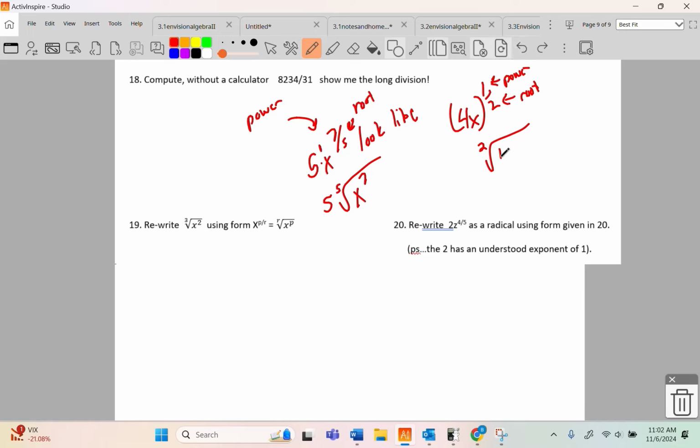This is understood. This is the root of 4x. And you can think of that as the root of 4 times the root of x, which is 2 root x. So hopefully that helps you do 19 and 20.